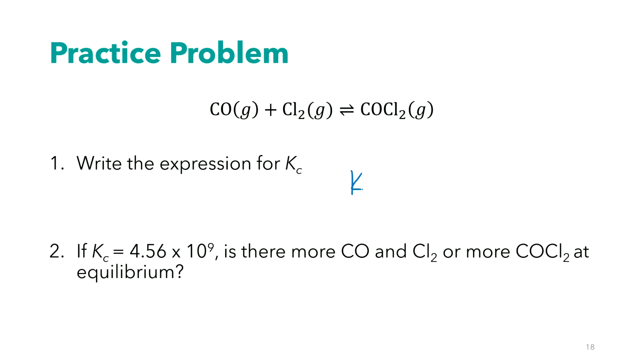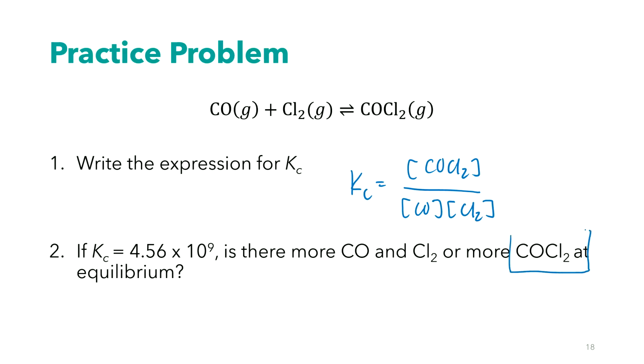This is just Kc equals the concentration of COCl2 divided by CO divided by Cl2. I see that Kc is a very large number, times 10 to the 9th. That must mean that at equilibrium, I have a ton of COCl2, right?